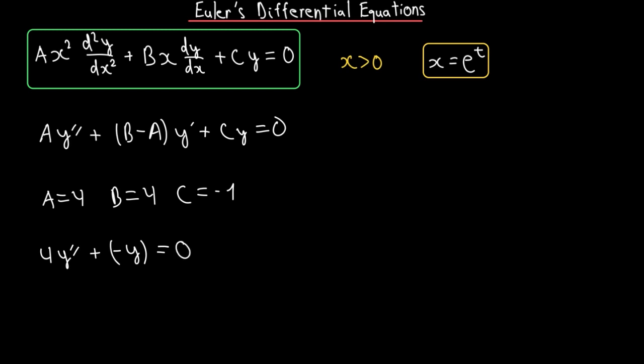And now we can use the characteristic equation to get 4r squared minus 1 is equal to 0. And therefore, r is equal to plus or minus a half.